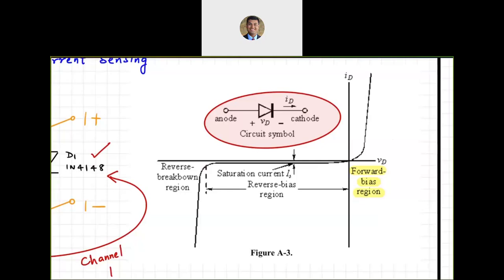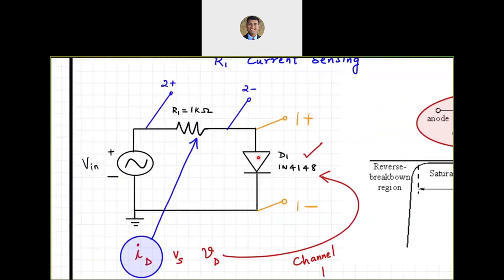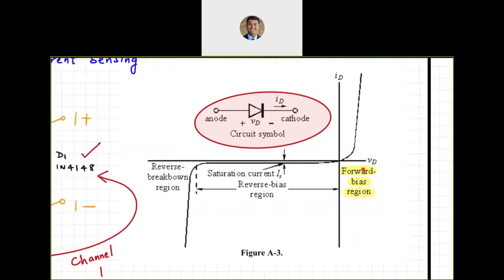And how do we achieve that in our circuit? If you see over here, that's the positive end of the diode and it is connected to the AC source. So whenever the AC source has a voltage greater than 0, the diode is going to be forward biased. In the forward biased region, you notice what happens.